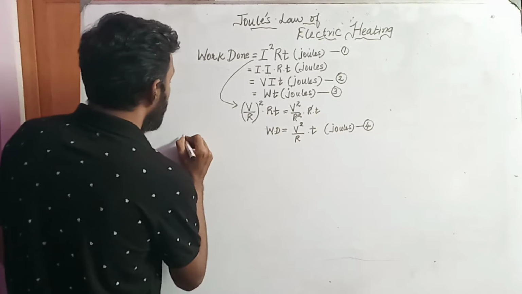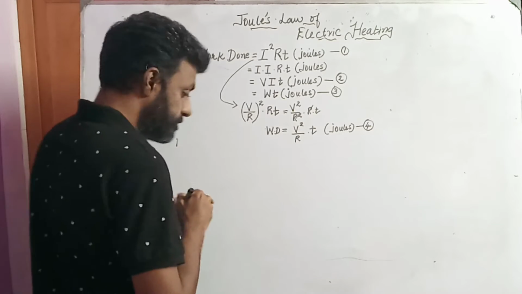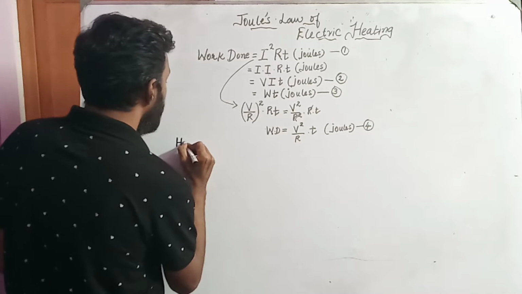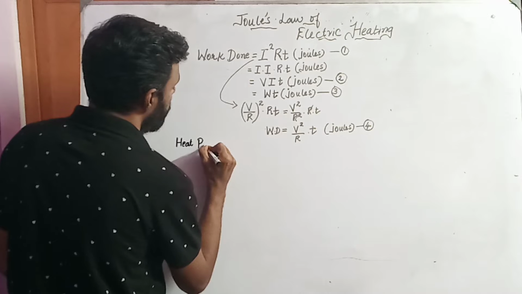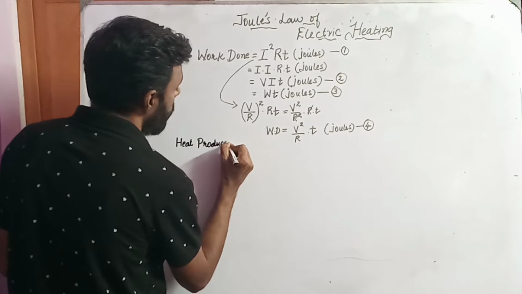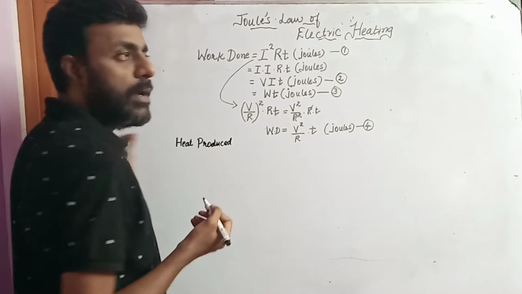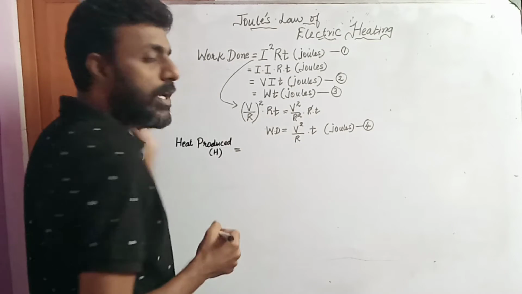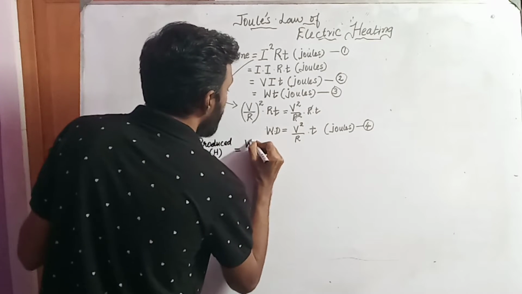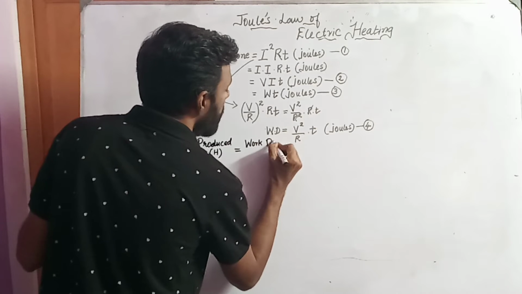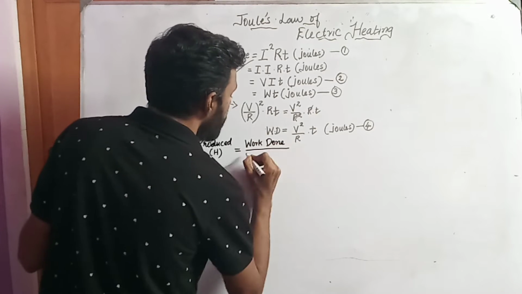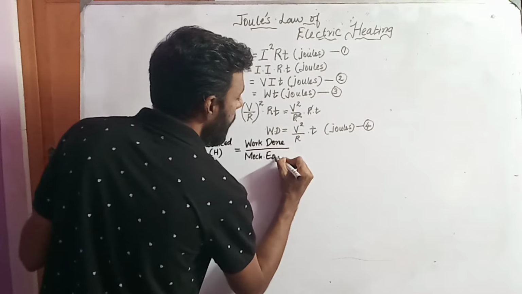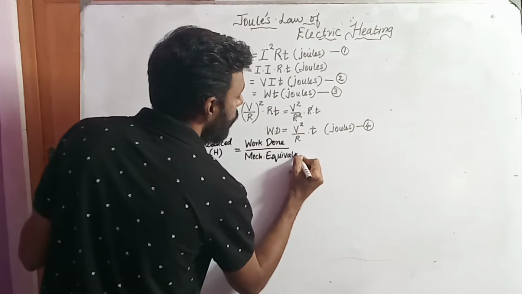So we have a formula for heat produced. I am indicating it with H. Heat produced H is equal to the ratio between work done and the mechanical equivalent of heat.